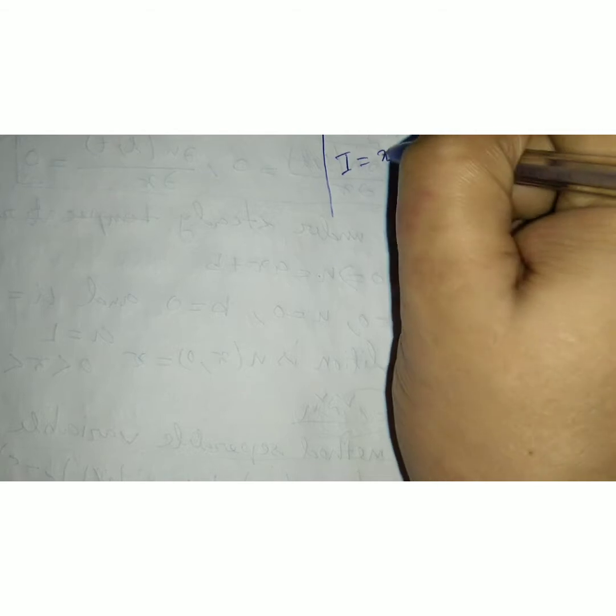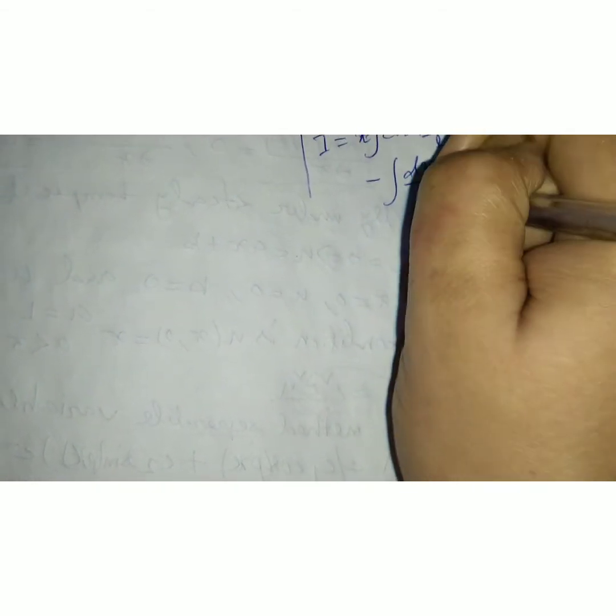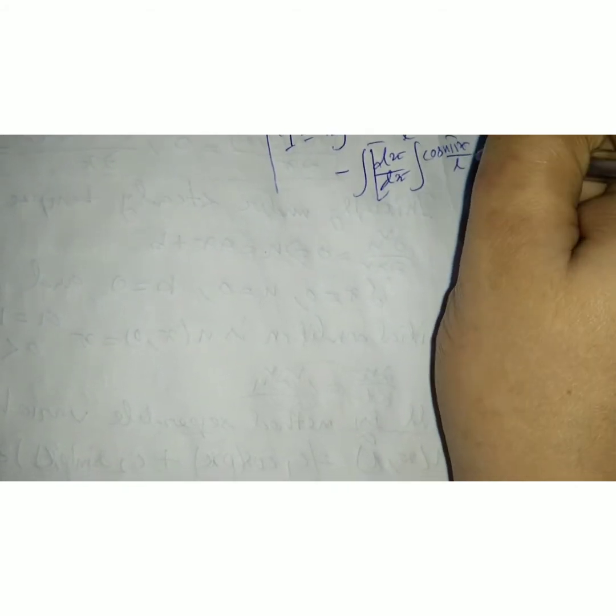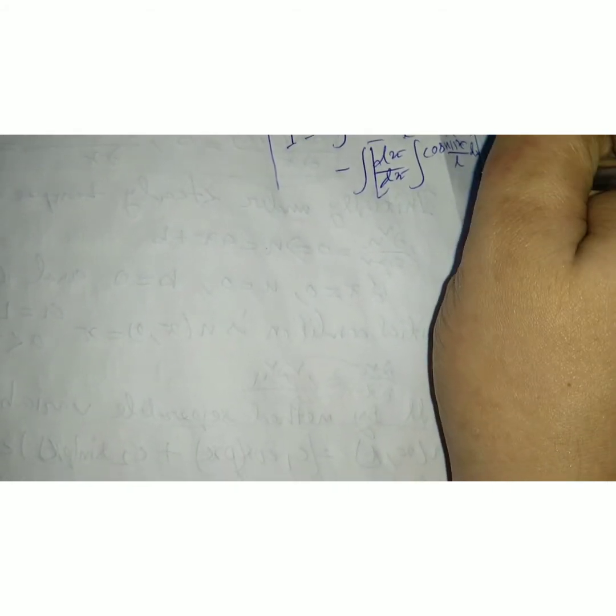So I is equal to, you can write, x into cos n pi x divided by L dx minus the integral of the derivative. This is the short process I show, but I don't have much time, so I have to finish this problem very soon, so I will just discuss this.